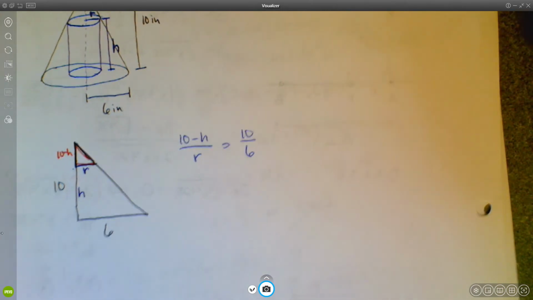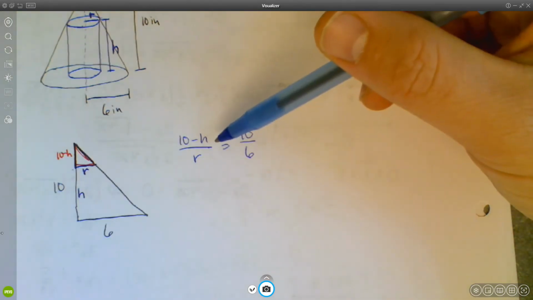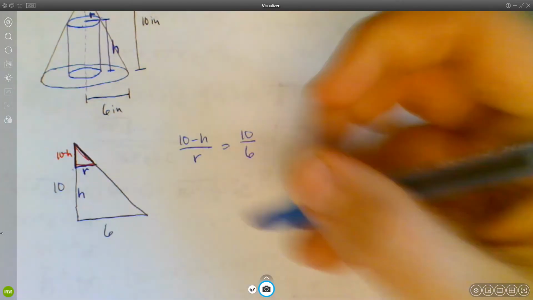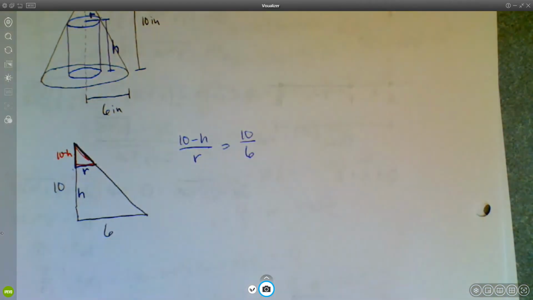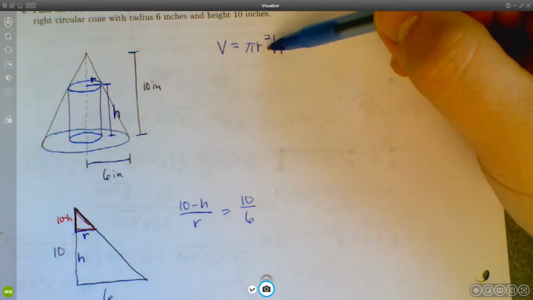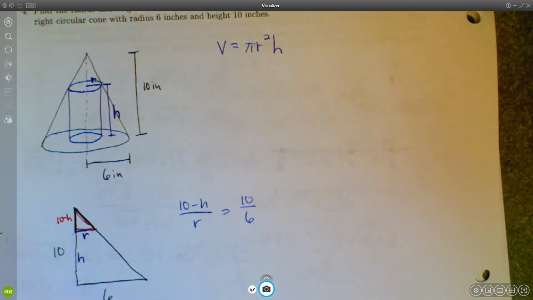So let's solve. Which one do we want to solve for? I think maybe h. I mean, it doesn't matter. You can do it either way, but if I solve for r in terms of h, then I have to square the expression.